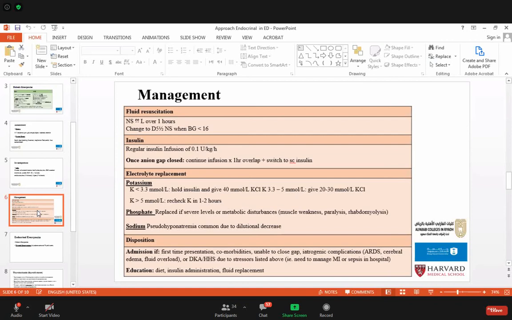Then I will block the lipolysis and start using normal glucose to generate energy. Keep that in mind. The ketoacidosis, the ketone part, and the acidosis part will not improve until I start using the insulin to improve the use of the glucose inside the cell. All right.